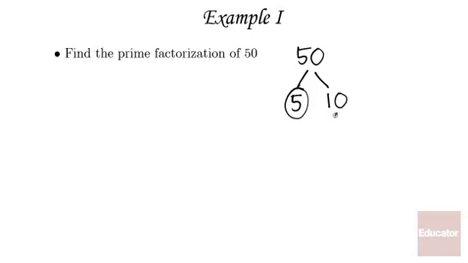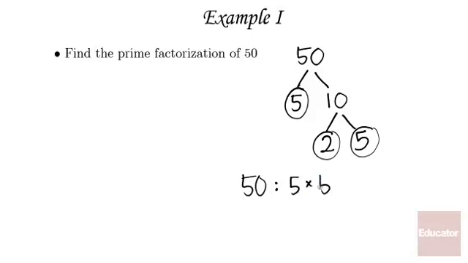And then 10, I'm going to break this up even further into 2 and 5. I end up circling those. So 50 becomes 5 times 5 times 2, or I can write it as 5 squared times 2.